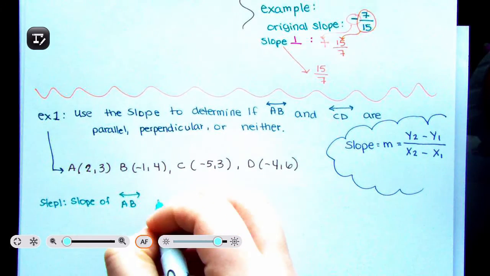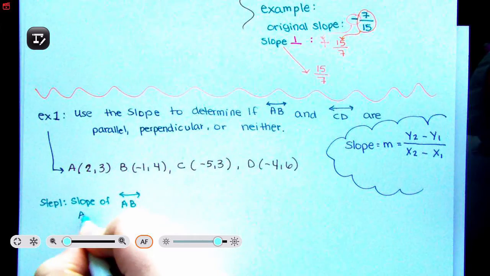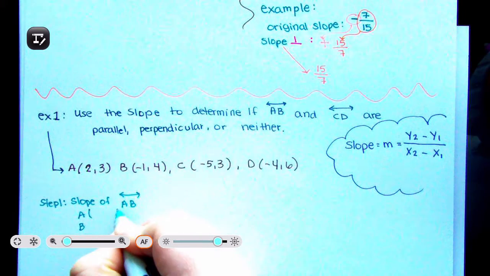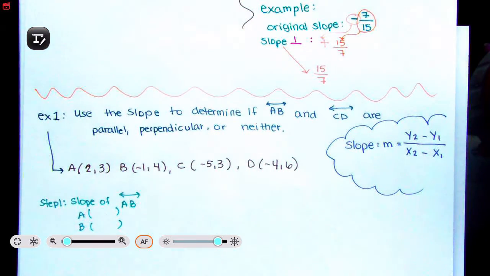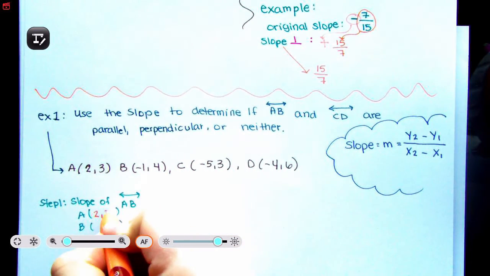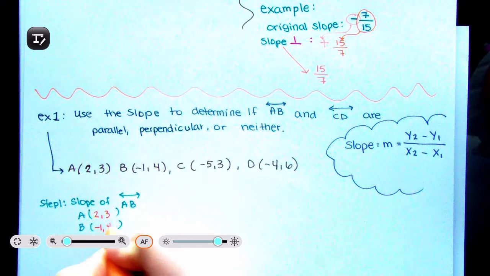In order to do so, we're going to take the point of A, take the point of B, and use those points to find the slope. So I have 2, 3, and I have -1 and 4.